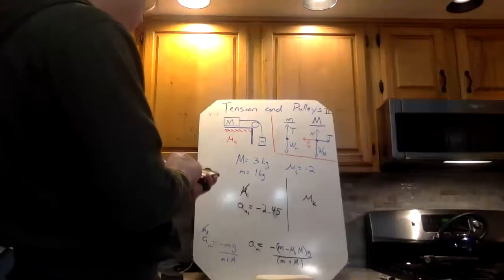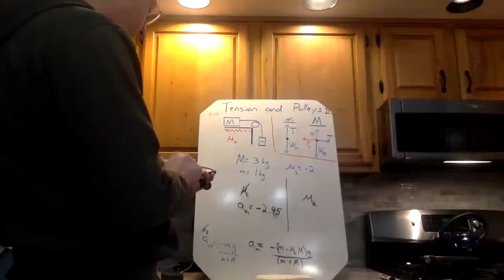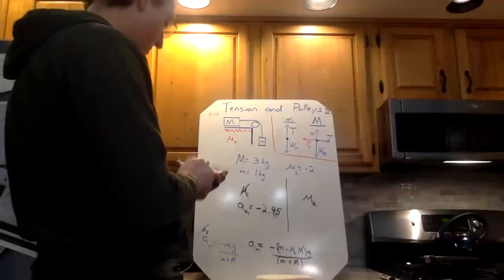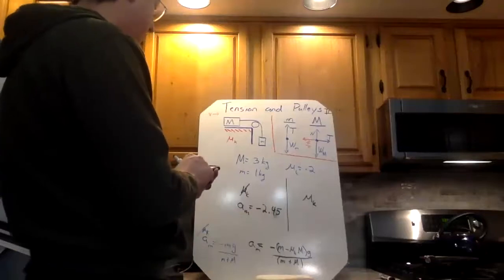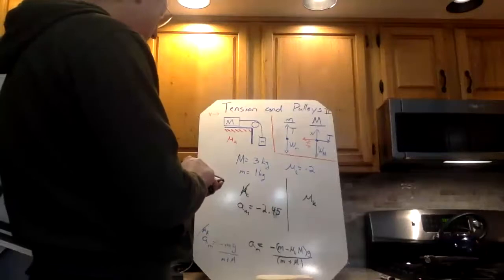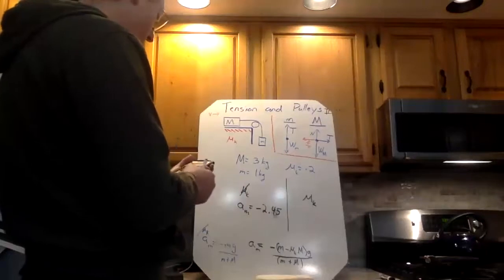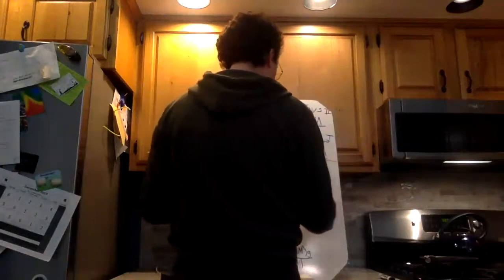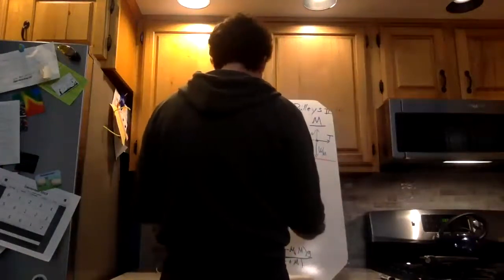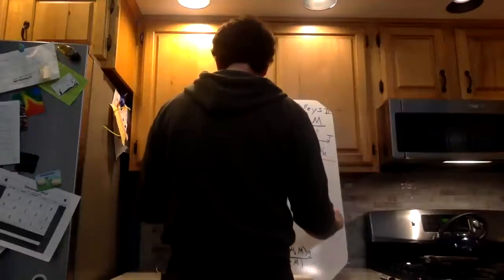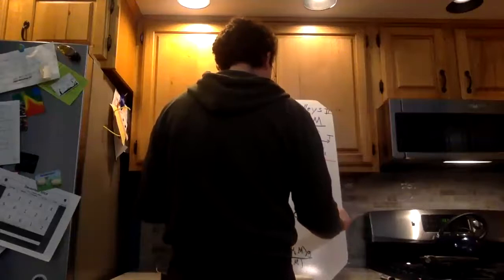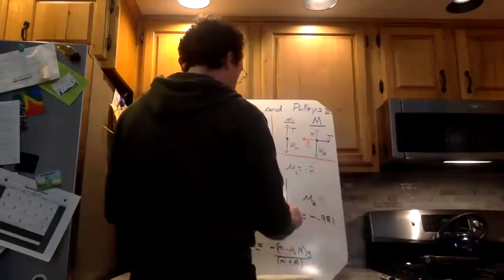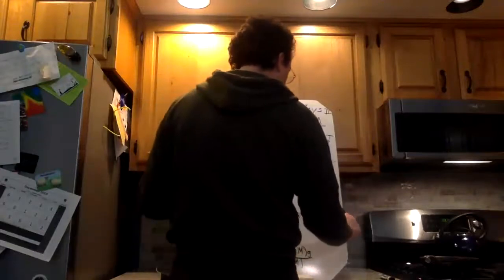So I get 1 minus 0.2 times 3, times 9.81, divided by 4. And I get an acceleration of negative 0.981. And I should put in my units here. This would be meter per second squared.